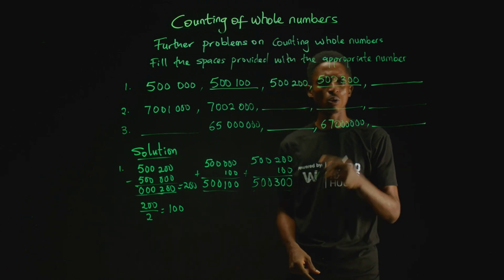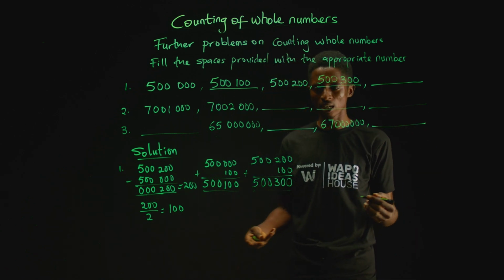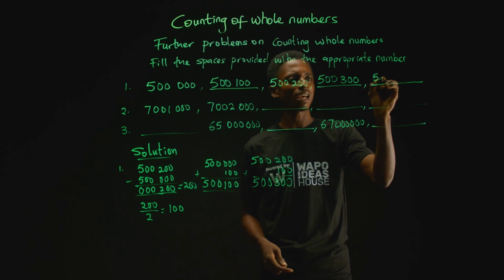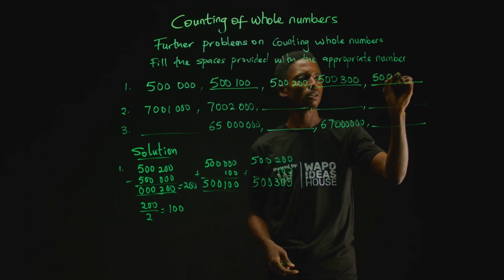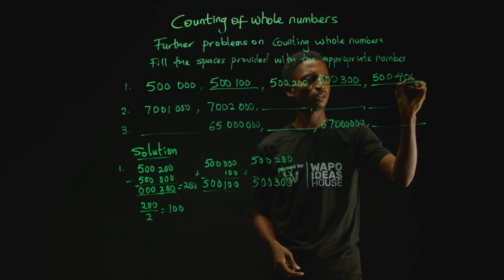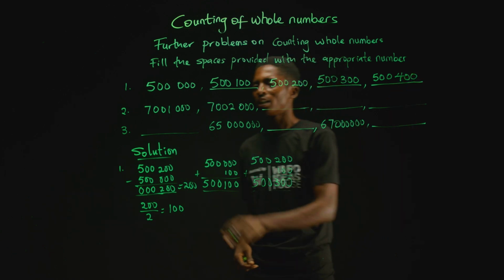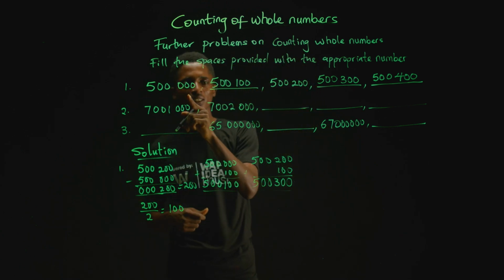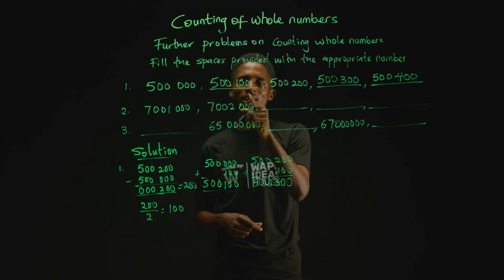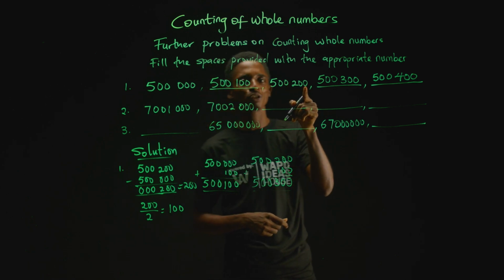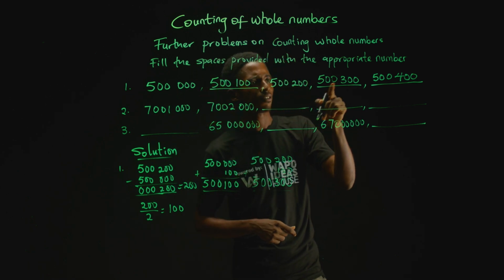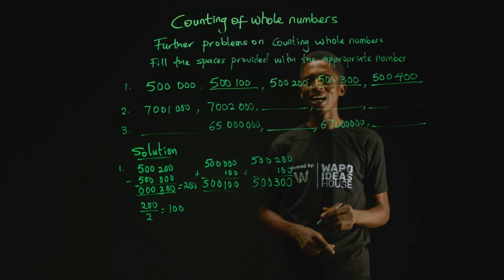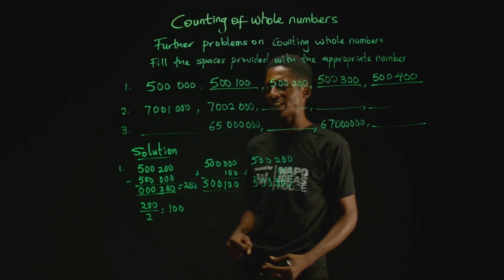Go ahead and add the next one yourself, and you will find that you get 500,400. Good. That makes this series 500,000, 500,100, 500,200, 500,300, 500,400.